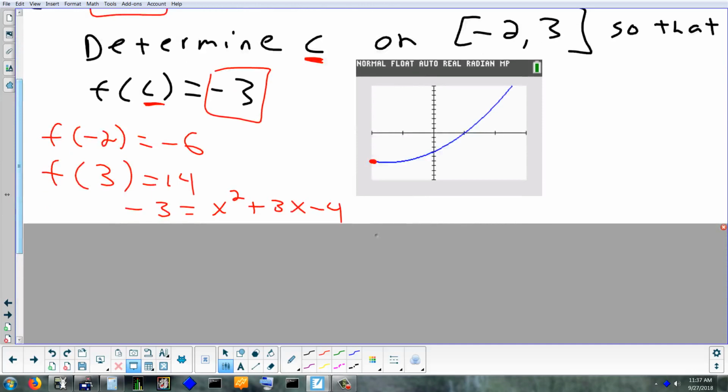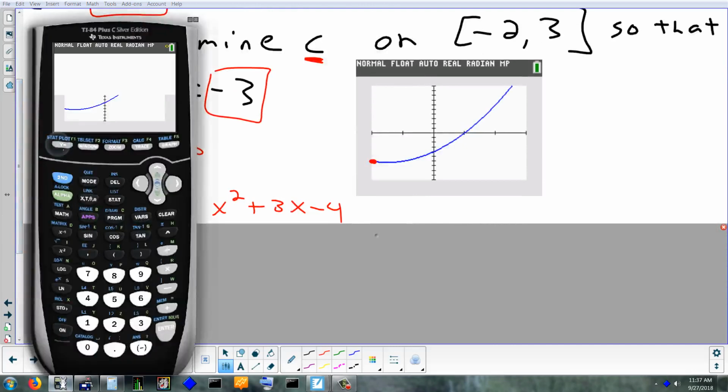Now you could solve that using factoring if it works, quadratic formula, or completing the square. What I'm going to do is just this time use the calculator, put in a value at -3 and see where I hit it. Okay, I hit it right there. Second calc, intersect.